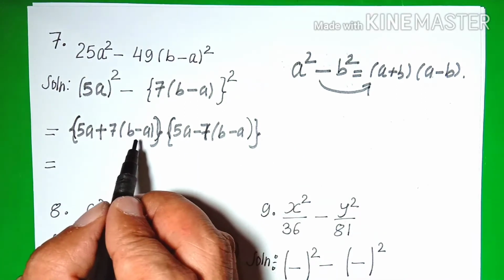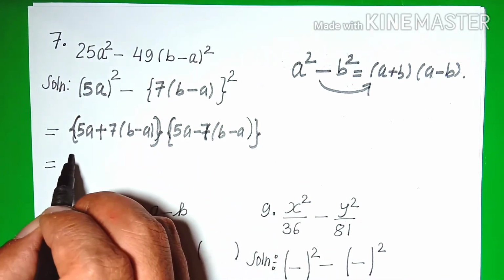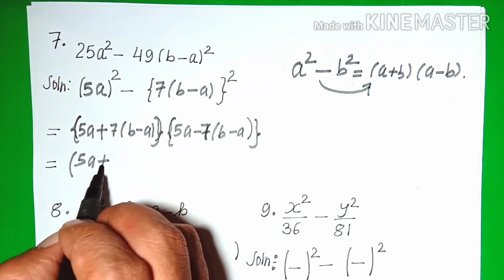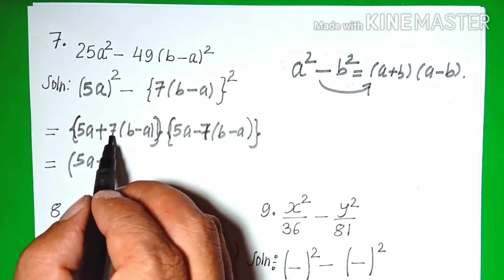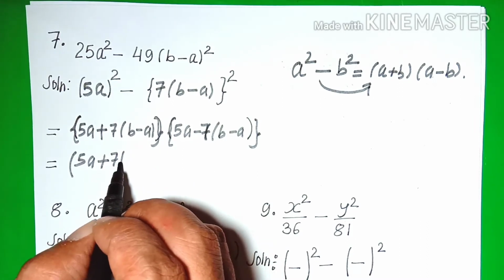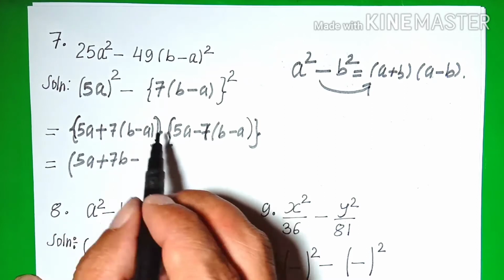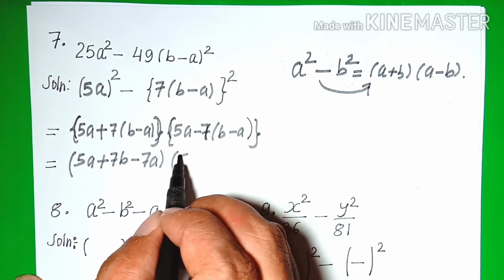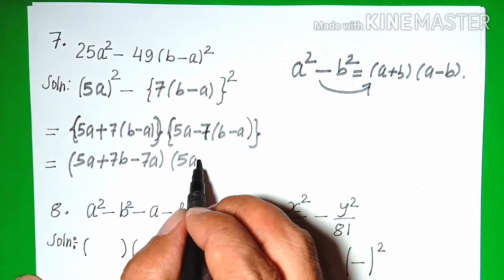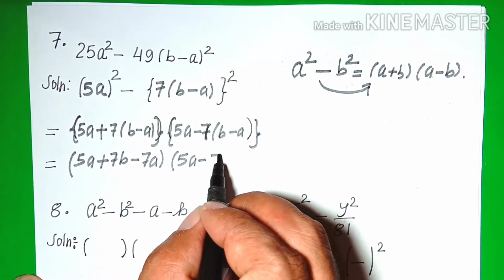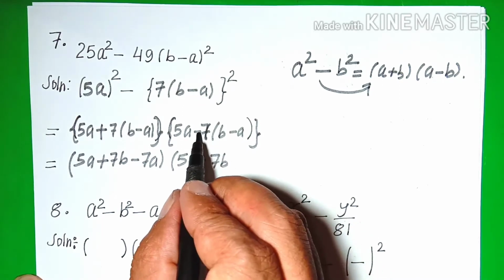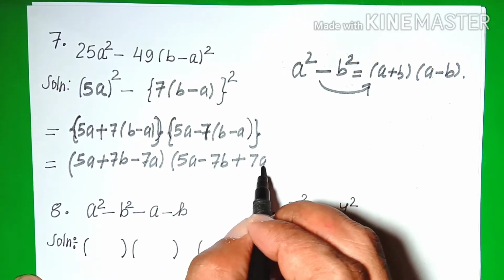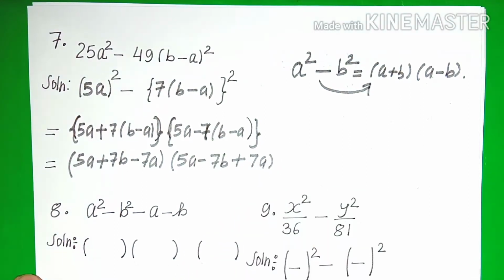Now we can remove the innermost bracket. Now 5a, after that plus sign, with 7 we can open the bracket: 7 into b is 7b, minus 7 into a, which is 7a, times, similarly 5a minus, with 7 you'll have to open the bracket, 7 into b will be 7b, minus into minus will be plus, 7 into a is 7a. Now we can see the like terms.